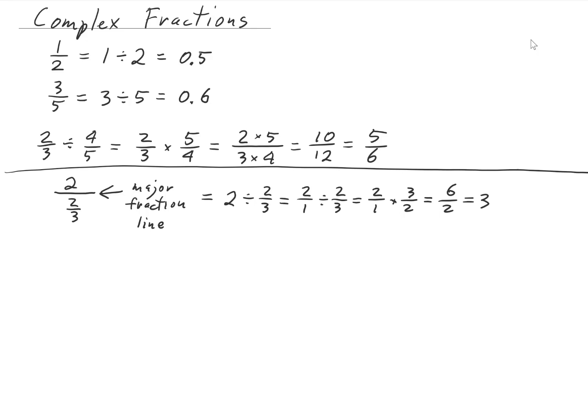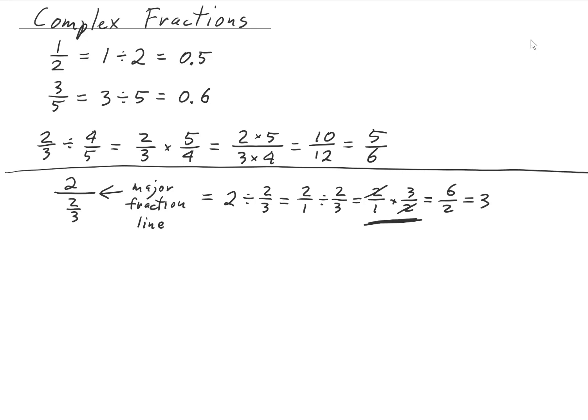Now I might have pointed out that before we multiplied those two fractions together, because we were multiplying, we could have canceled the 2 on the top of this fraction with the 2 on the bottom of that fraction and gone straight to 3. Okay, so 2 divided by 2/3 is 3.